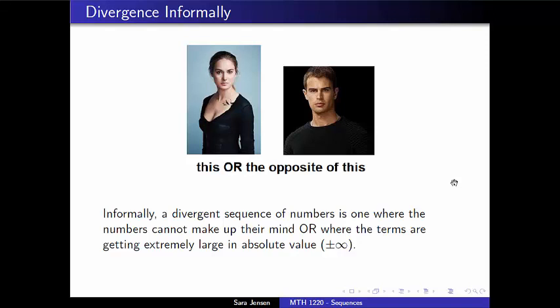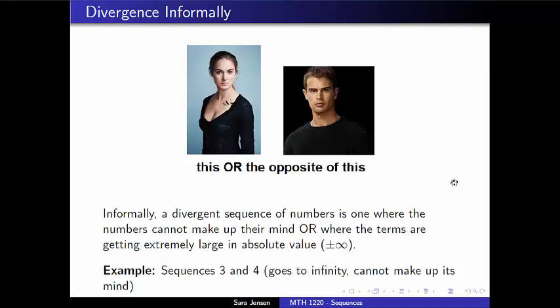So I would say it's getting very, very big in absolute value. If you ignore the minus sign, the terms are getting very big. So we can diverge by going off to either plus or minus infinity, or we can diverge by having this oscillating behavior that never settles down. It just flip-flops back and forth, kind of like a sine curve.